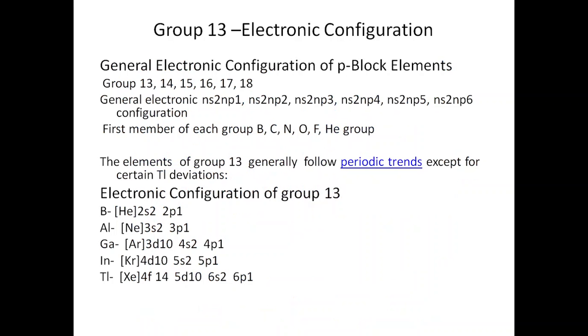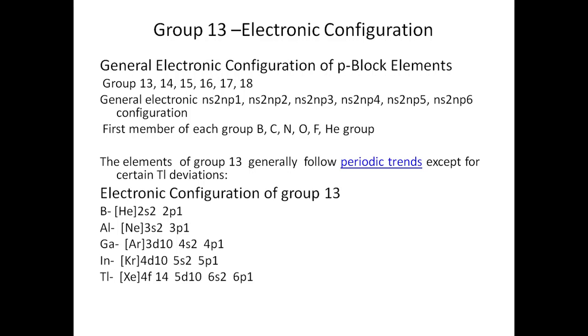Now, the general electronic configuration of p block elements. The groups are 13, 14, 15, 16, 17, 18. Group 13 has electronic configuration of ns2 np1. Group 14 has general electronic configuration ns2 np2.